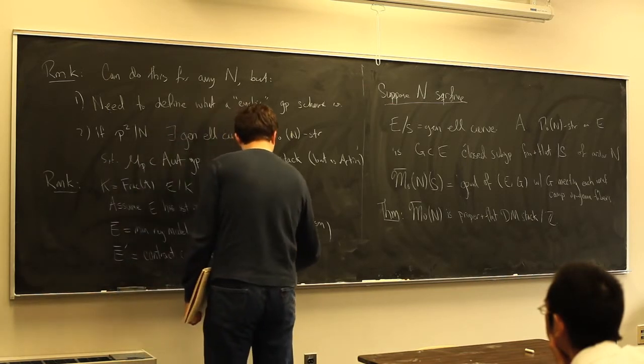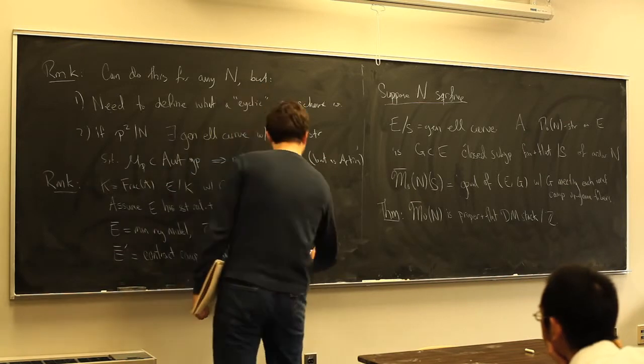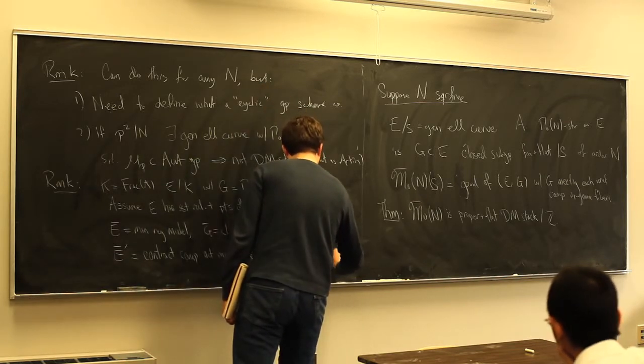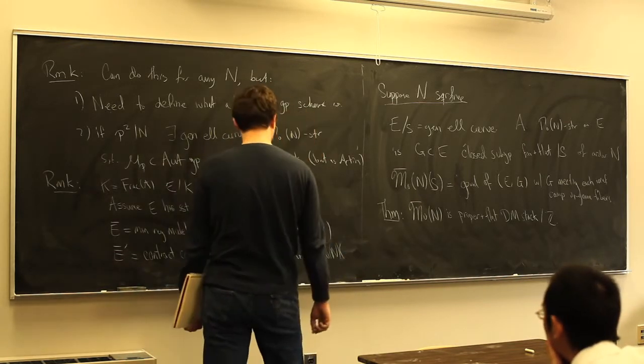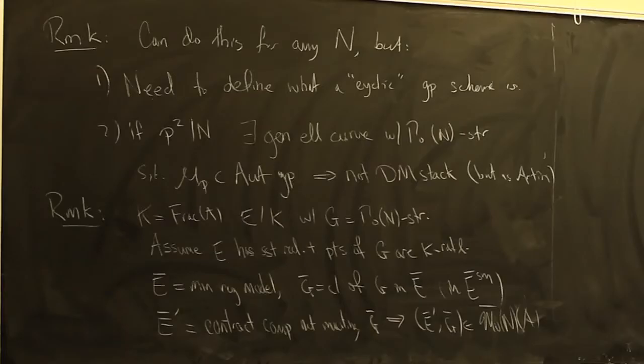Then this E bar prime with G bar is in M0 n bar over A. Okay, so that's roughly how the valuative criterion goes. Are there any questions?